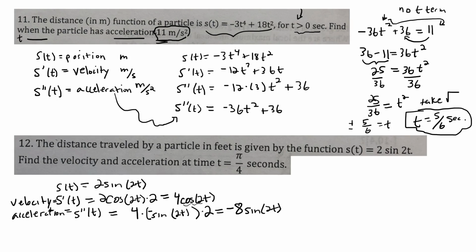And this question is asking us for the velocity and the acceleration when time is pi over 4 seconds. So the second derivative at pi over 4 and the first derivative at pi over 4 is what we're asked to find.